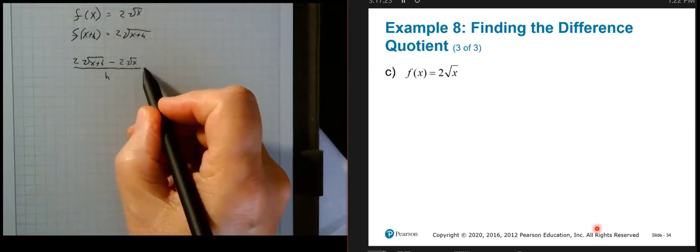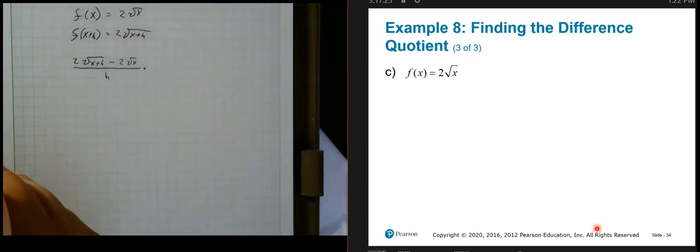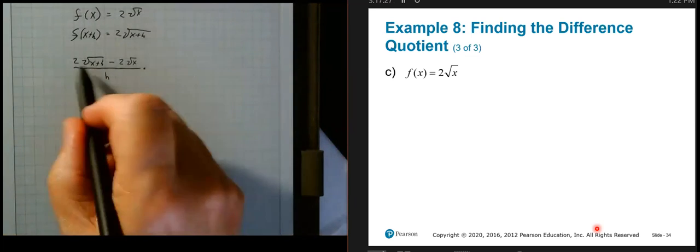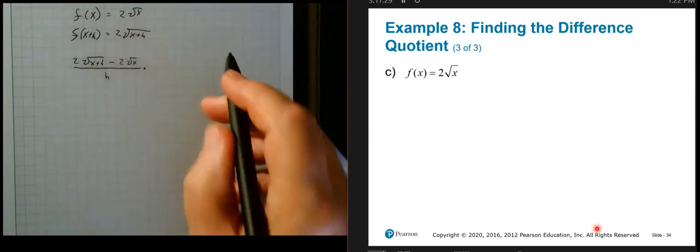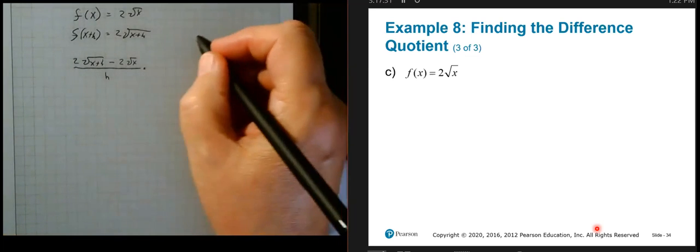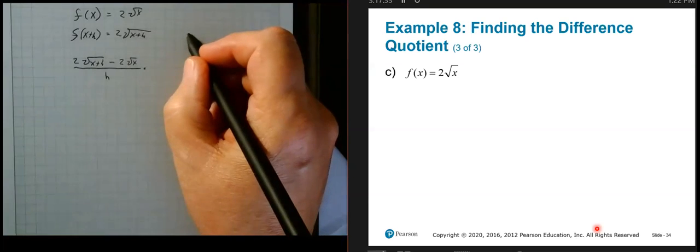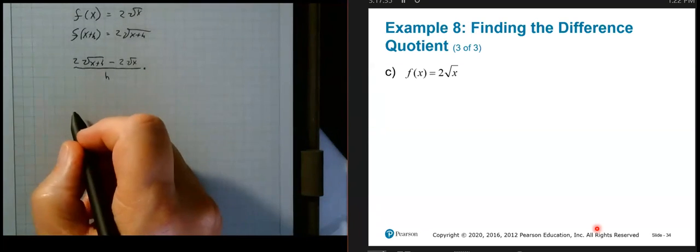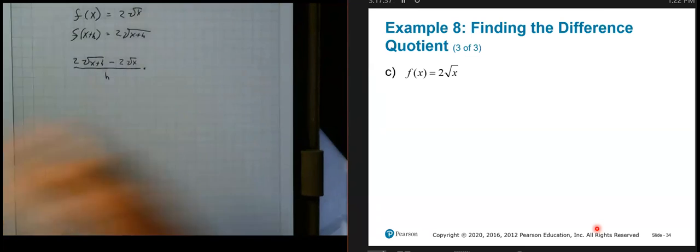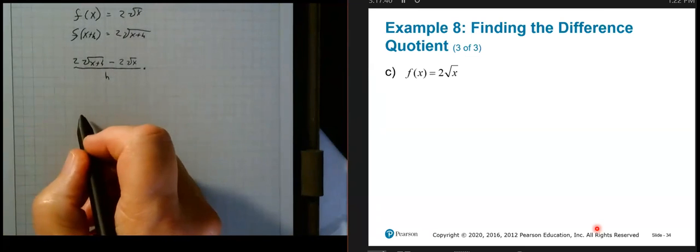Now, there's something known as a conjugate of square roots. I'm going to do some work down here that I'm going to erase, so please be aware of that.